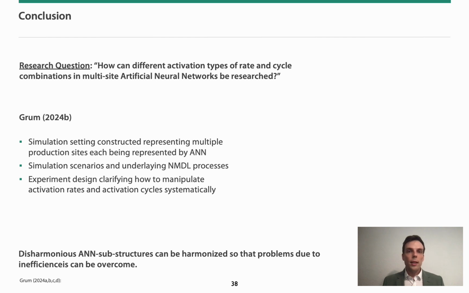A simulation setting has been constructed representing multiple production sites. Here, each site is represented by individual ANNs. Simulation scenarios have been worked out, as well as underlying NMDL processes. Further, an experiment design clarifies how to manipulate activation rates and activation cycles systematically.